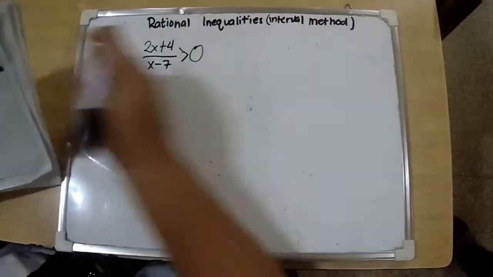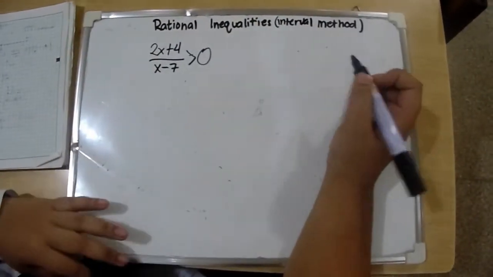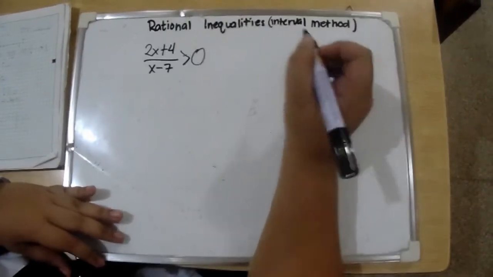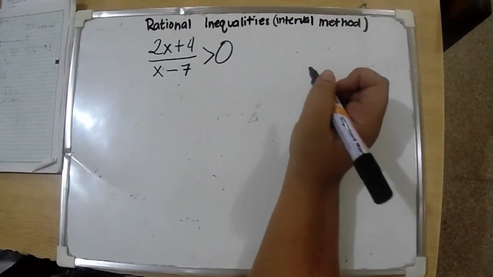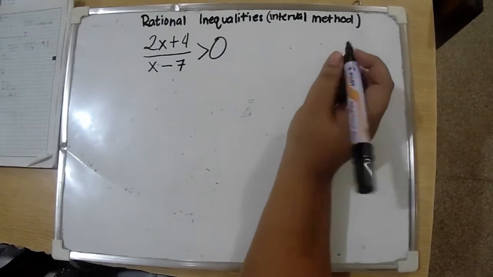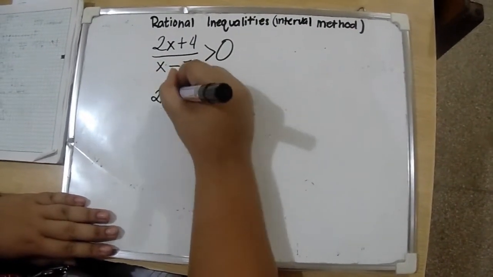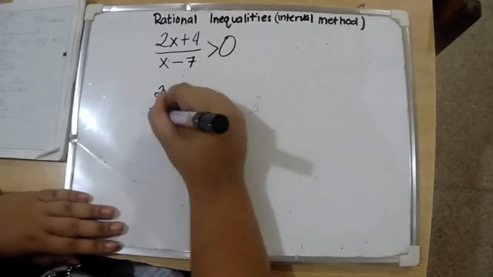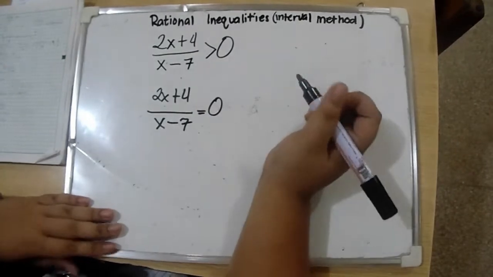So, based on the first step, we need to set this equal to 0. So, 2x plus 4 over x minus 7 is equal to 0.